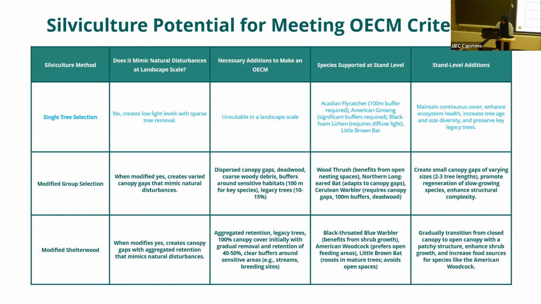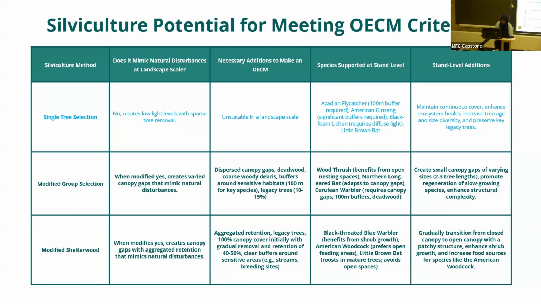For example, group selection has been shown to foster a more diverse regeneration and greater heterogeneity compared to the single tree selection method. And by creating canopy gaps of varying sizes, group selection also allows for a broader range of species to regenerate, including mid-tolerant and shade-tolerant species.